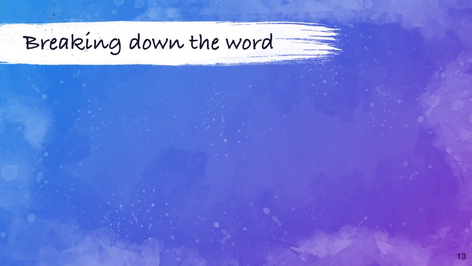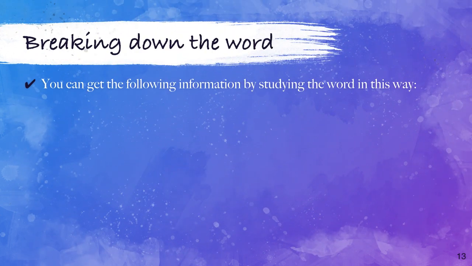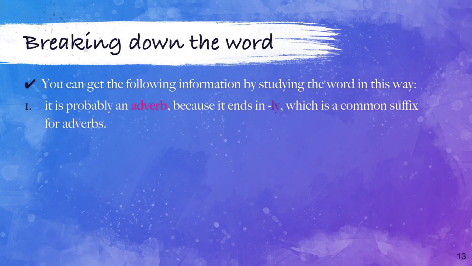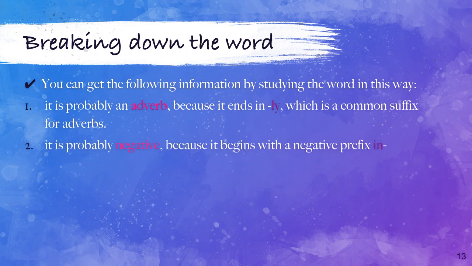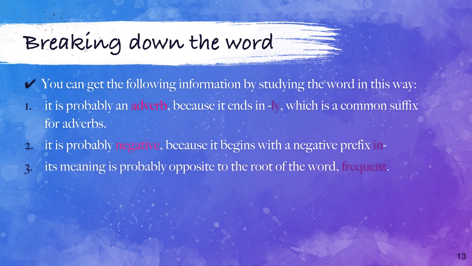Now, breaking down the word, we can get the following information. First, it's probably an adverb because it ends in ly, which is a common suffix for adverbs. Secondly, it has a negative connotation because it begins with a negative prefix, in. And its meaning is probably opposite to the root of the word, frequent.